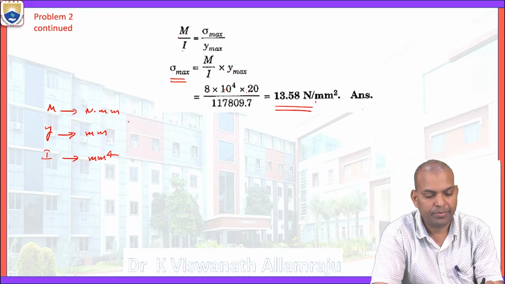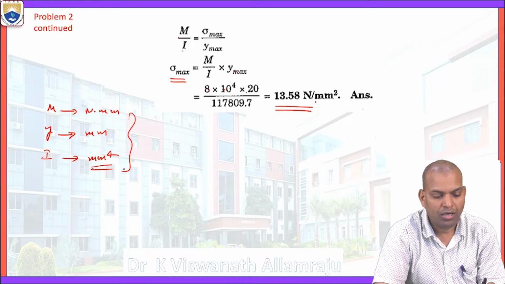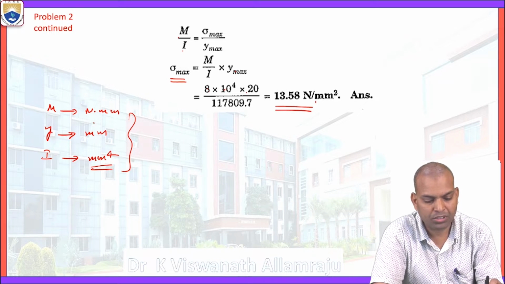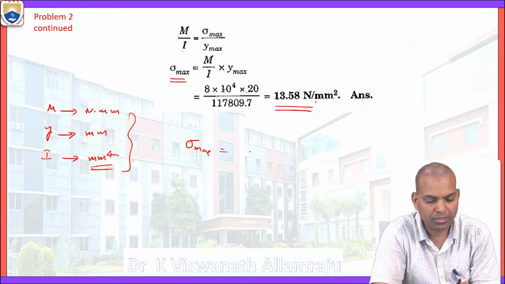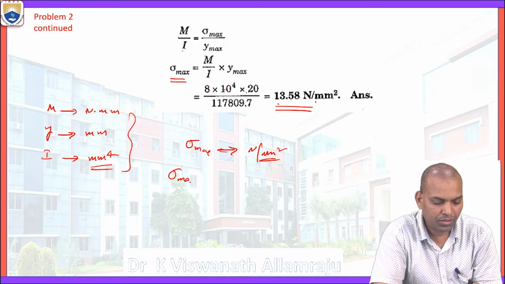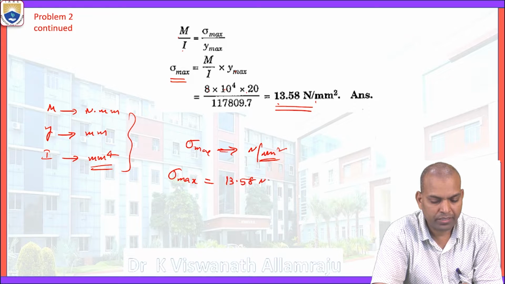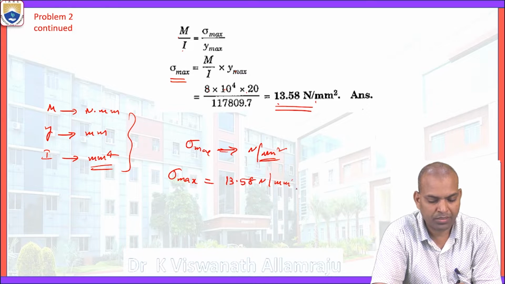So all these geometrical quantities follow dimensional homogeneity. That's why sigma maximum comes in Newton per millimeter square. The observed sigma maximum here is 13.58 Newton per square millimeter.